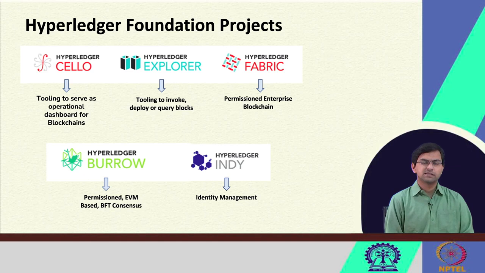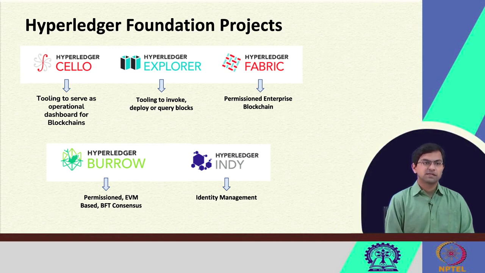These are kind of side toolings which work on top of existing blockchain platforms. Suppose you have a Hyperledger Fabric network or a Hyperledger Burrow network or some other permissioned blockchain network, then if you want to monitor or if you want to invoke and query these blockchains, then you can use these tools to do so, and these tools are compatible with not one but more than one blockchain platforms.